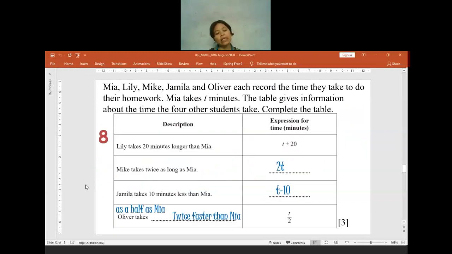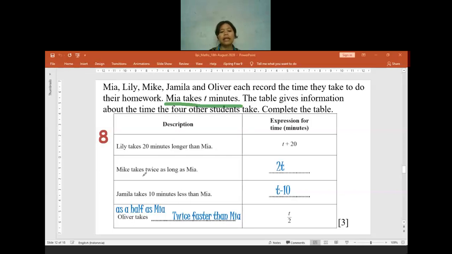For question 8, in here we have the time taken by Mia. Mia takes T minutes, but we don't know exactly how much T is, so we just keep it as T. Now for the first sentence, Lily takes 20 minutes longer, so we need to add it. The original is T, 20 minutes longer, so T plus 20.